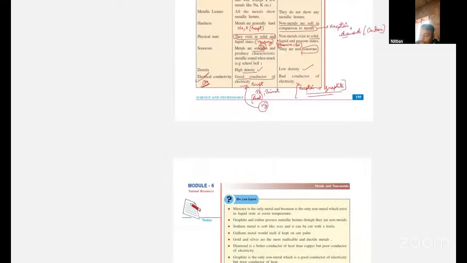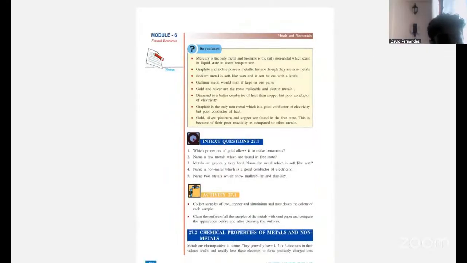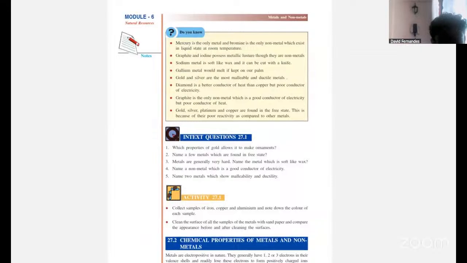Got it, guys? No, you didn't get it. So then what would be the hardest substance? Hardest substance. There is a one word from Q. Let me check it. Tungsten, cry.